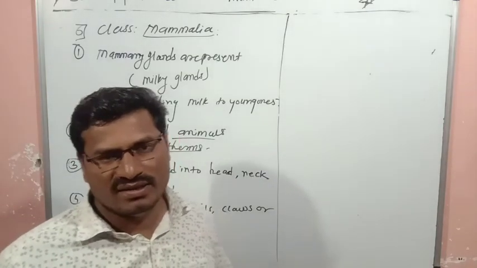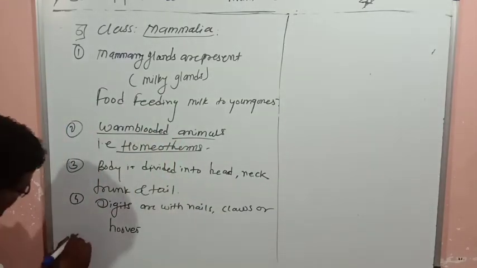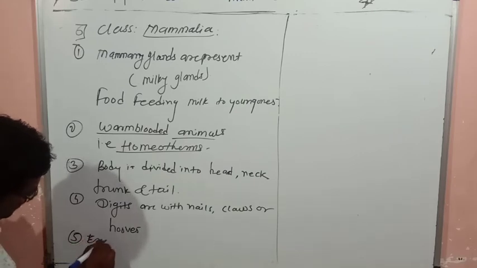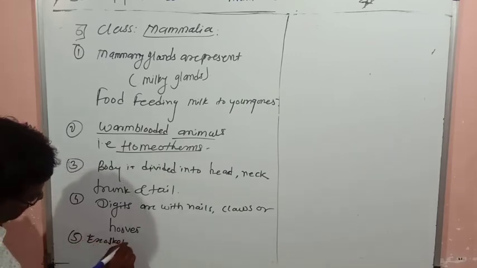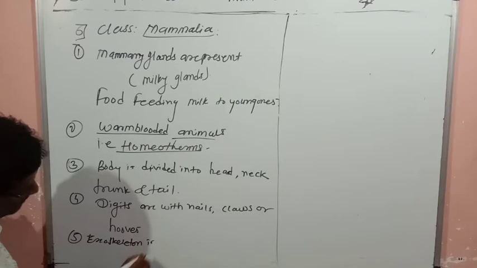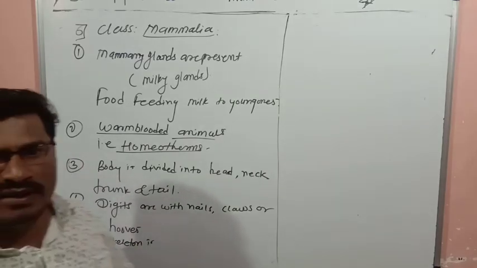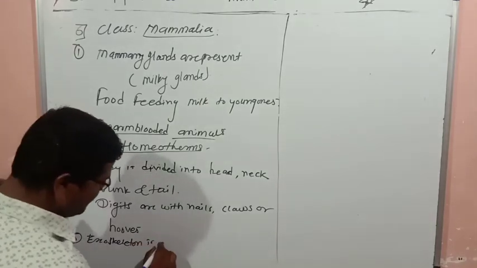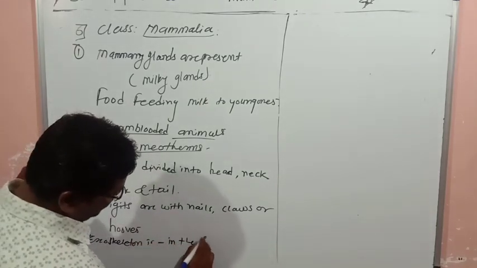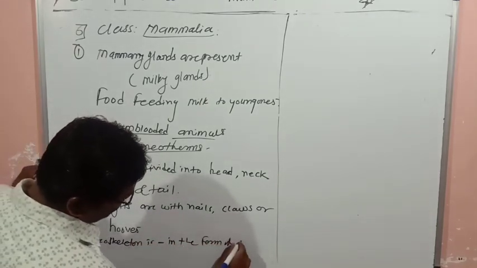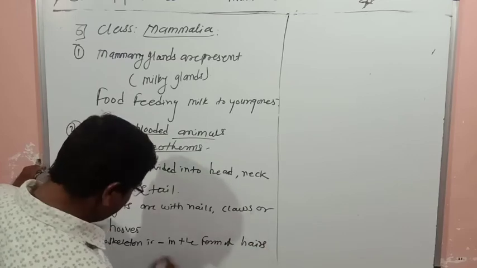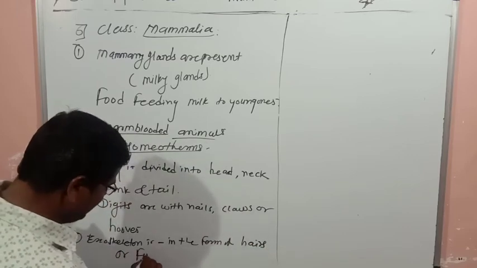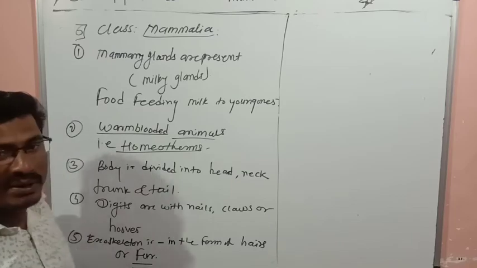Next, the fifth characteristic is the exoskeleton. The exoskeleton is in the form of hairs or fur.